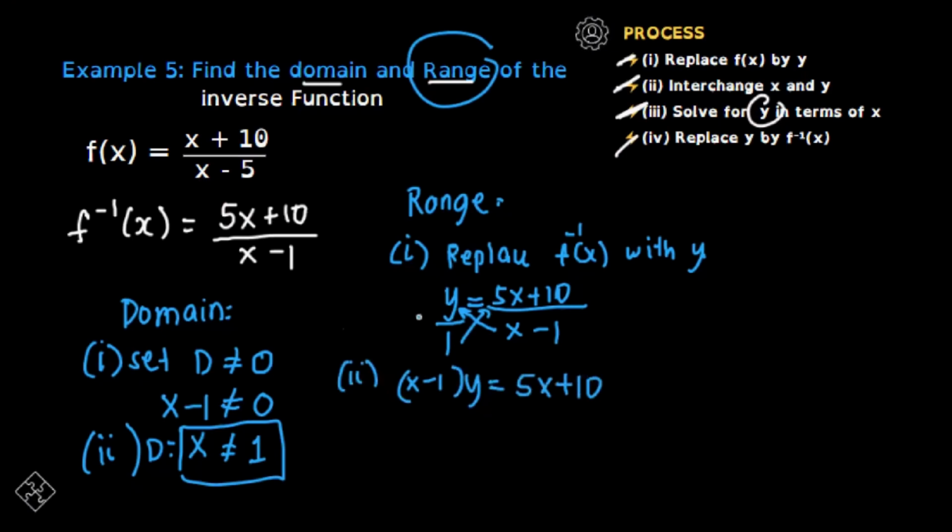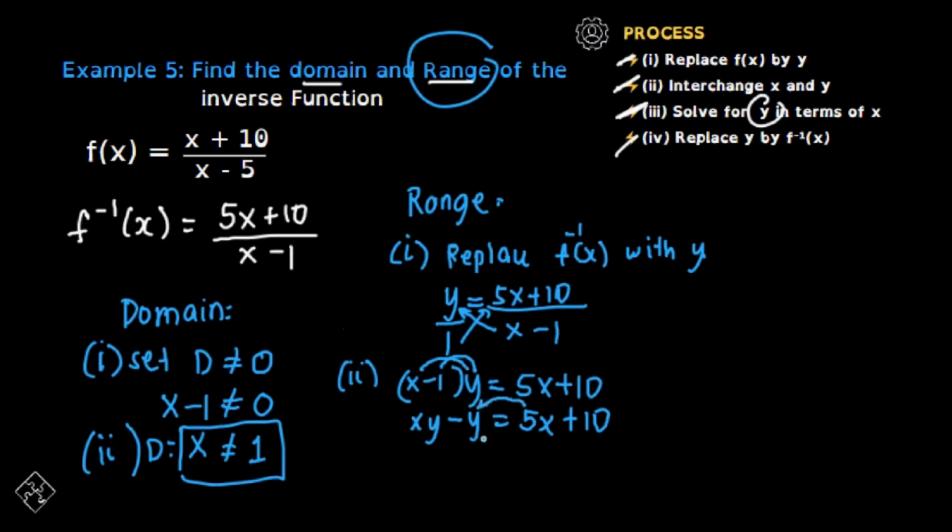Okay? So, dito, i-distribute natin si x minus 1 kay y. So, we have x times y is xy. Negative 1 times y is negative y equals 5x plus 10. Okay? Ang goal dito sa step 2 is ma-solve natin yung value ng x.